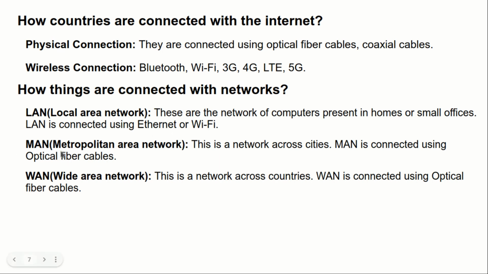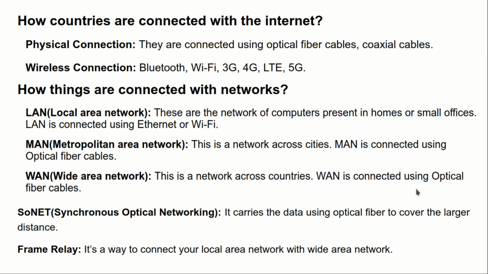After that, let's move to another network, that is the metropolitan area network. This network is present across cities, so it will connect the cities with each other. A MAN is connected using optical fiber cables, and a WAN is present across countries. So it will connect different countries, and it is also connected with optical fiber cables.